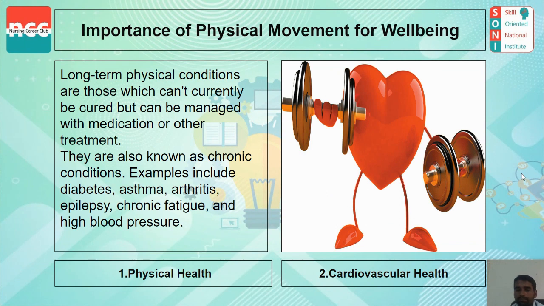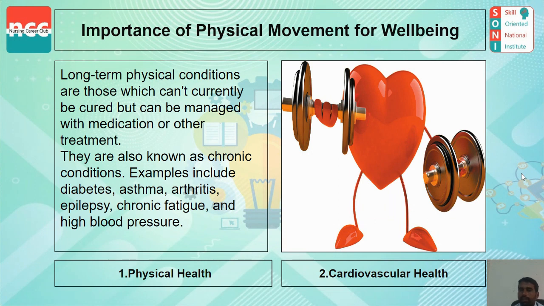Physical health. Long term physical conditions are those which can't currently be cured but can be managed with medication or other treatment. So, physical health is very necessary to live in a proper way. If our physical health is good, then our mental health will also be good.